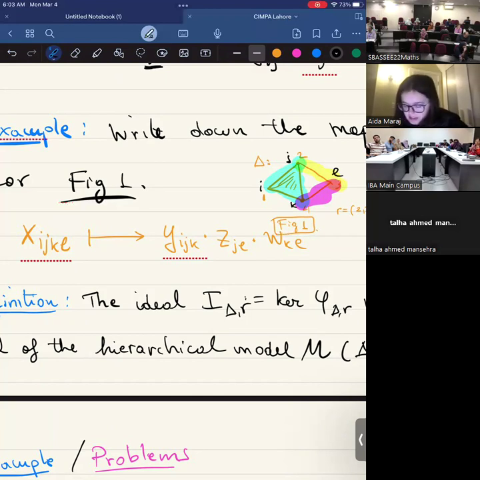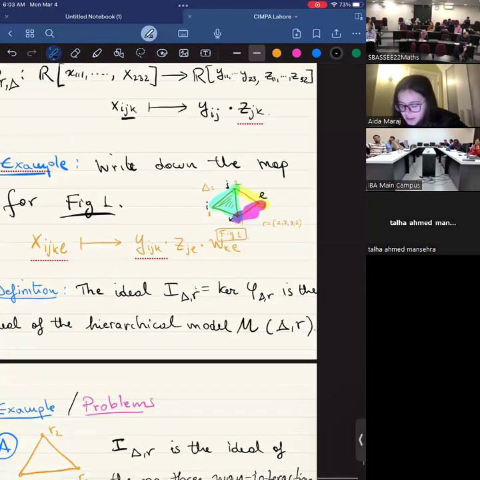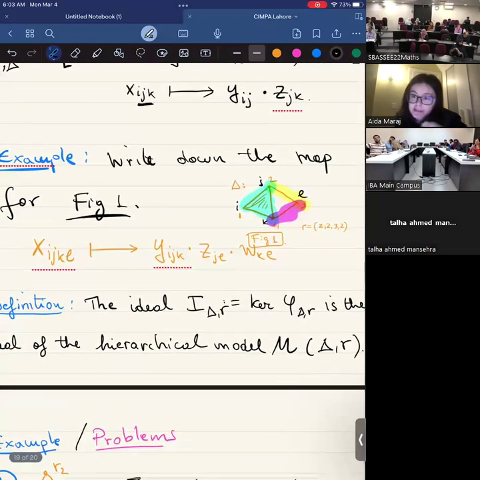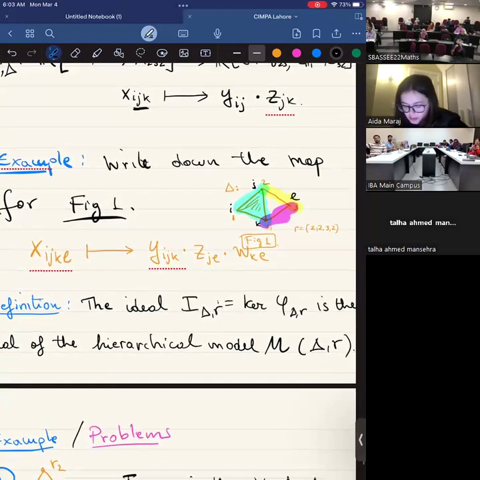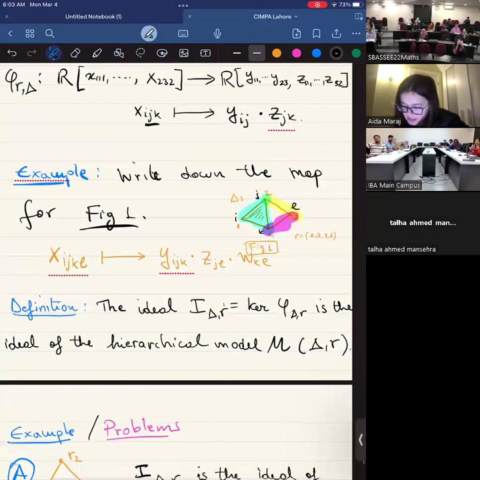Okay, so we defined the map, and in fact, the kernel of that map, which is now a toric ideal, the map was monomial, and so that one is called that kernel.